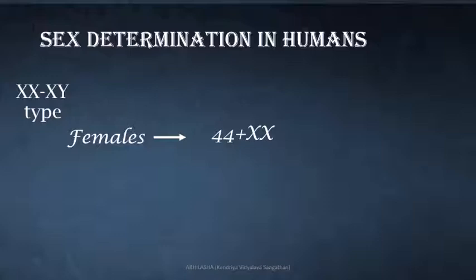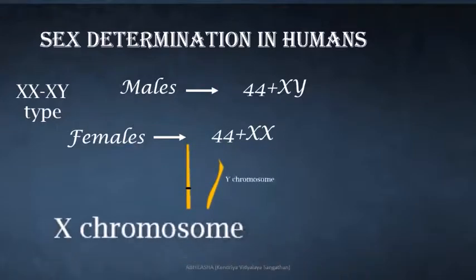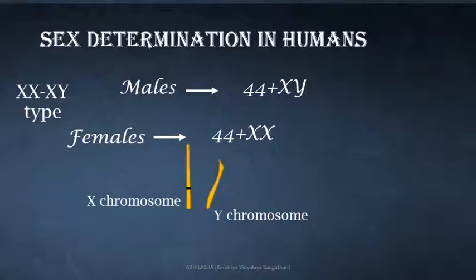In humans, 44 plus XX is female and 44 plus XY is male. The Y chromosome in males is much smaller than the X chromosome, and as you will see later, the genes present on it are fewer and unique. These genes are known as Holandric genes.